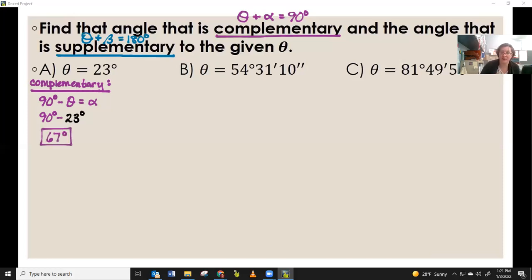And then for supplementary, very similar process. Instead of 90 minus theta, I'm going to do 180 minus theta to find my angle beta. So 180 degrees minus 23 degrees. And I have an answer in the chat here of 157 degrees. That's absolutely correct.